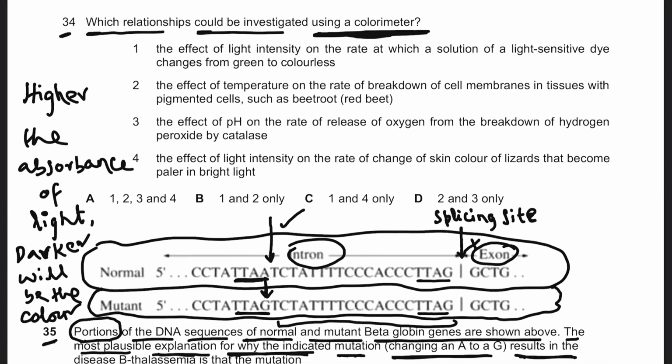Okay, so as I just mentioned, a colorimeter measures the intensity of the color in a solution, or measures the absorbance of light by a solution.